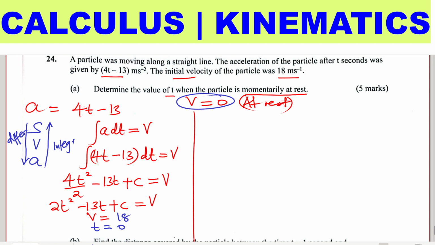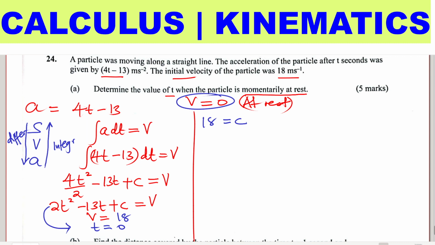So if we substitute v equals 18 and t equals 0 in this expression for velocity, we are going to get the constant c. When you substitute t equals 0 and v equals 18, we are going to get 18 is equal to c.